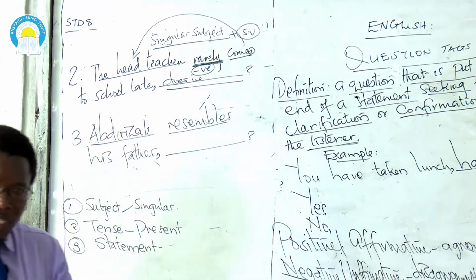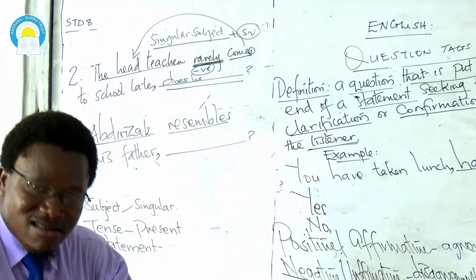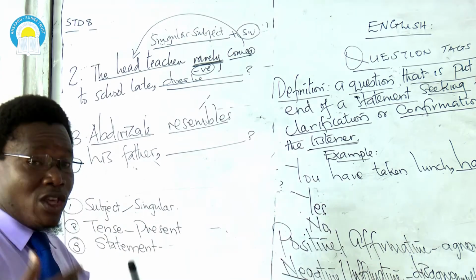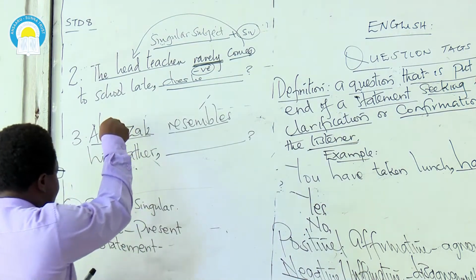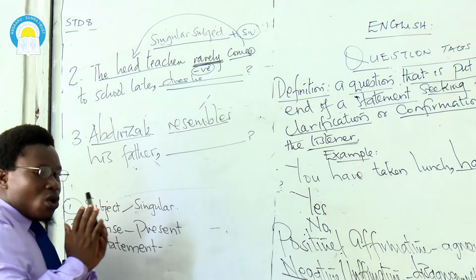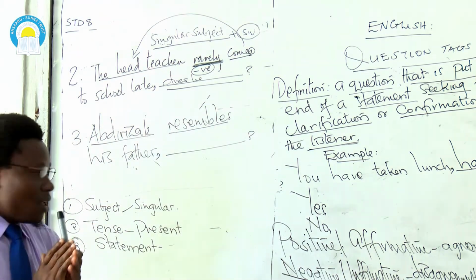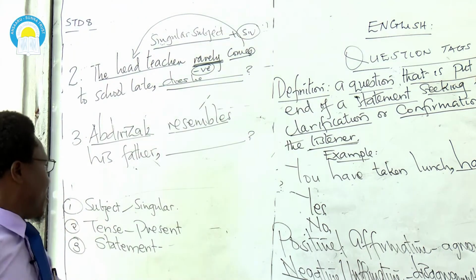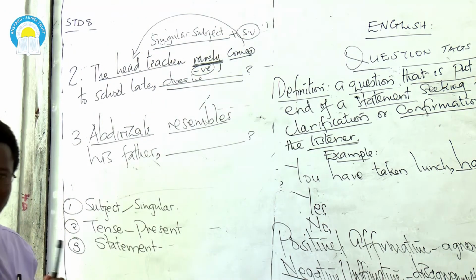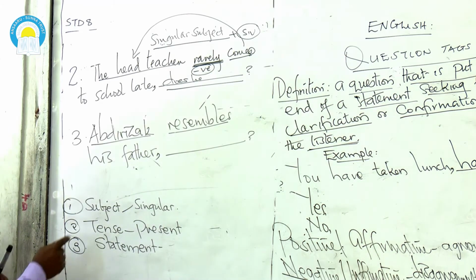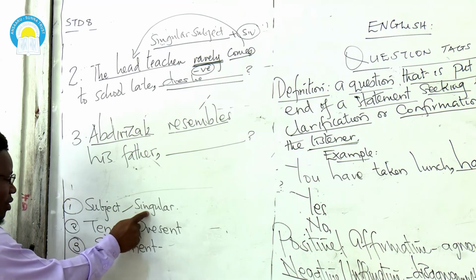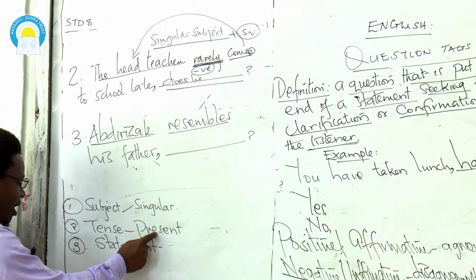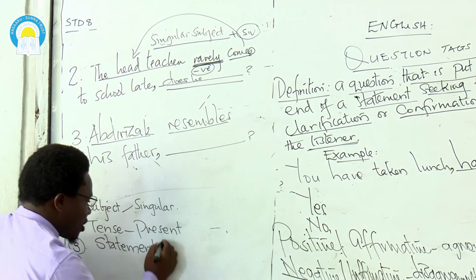Whoever is putting across that statement is agreeing with you that indeed Abrizak looks alike, looks similar, resembles the father. They're just as alike as 2 peas. So, subject, singular, tense, present, statement, positive.